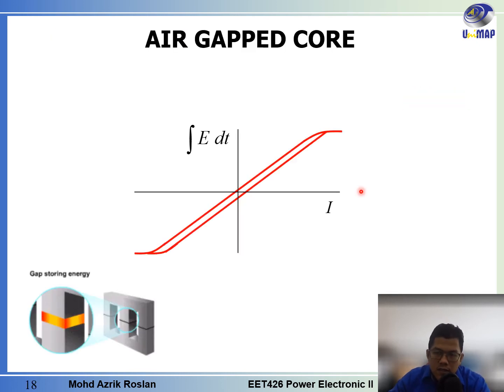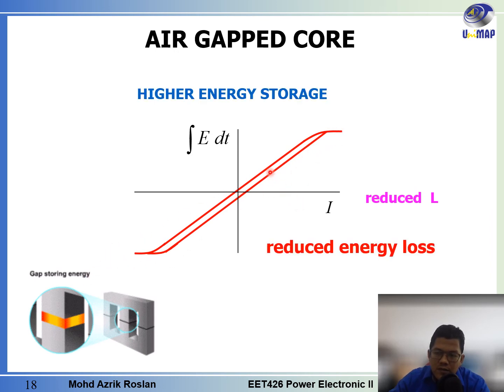And this is the hysteresis curve when we have the air gap core. The air gap is when you have the core separated by an air gap. So you have a reduced value of inductance, and this impacts the curve here. Here we can see that we have huge energy storage, but reduced energy loss.